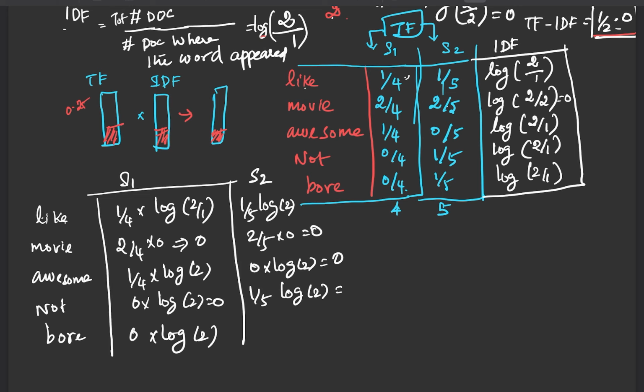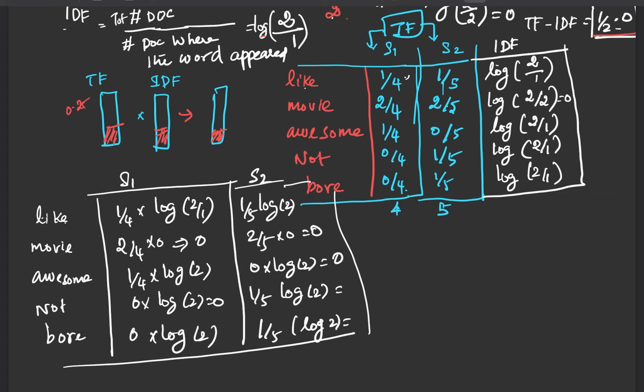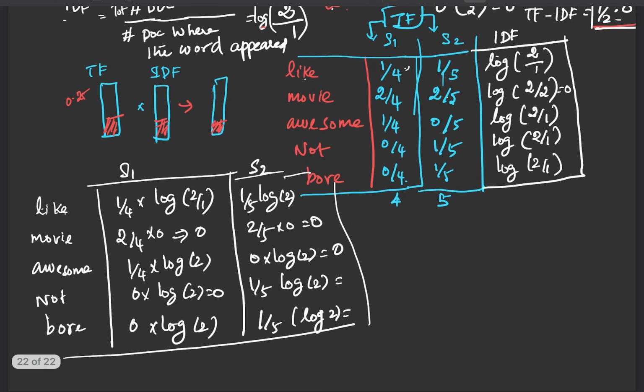And next one is 1 by 5 log 2, which will also have some number. So now after calculating these numbers, we will have features. Now how do we extract the features?